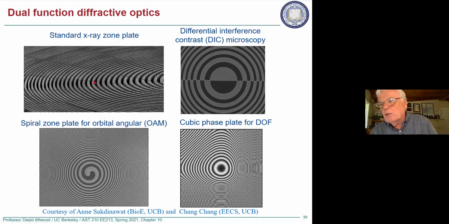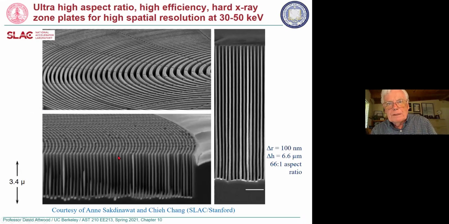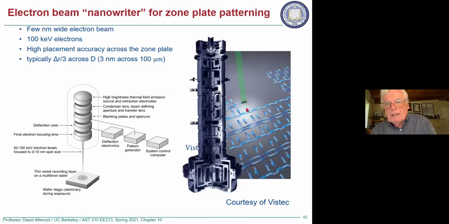You've got to get to like 20:1 and 30:1 to get good efficiency. So that's a contrast for hard X-rays. And here are some structures that were made, same group, where these are 66:1 aspect ratios made for hard X-rays in the 30 to 50 kilovolt region. So that's a relatively new area.